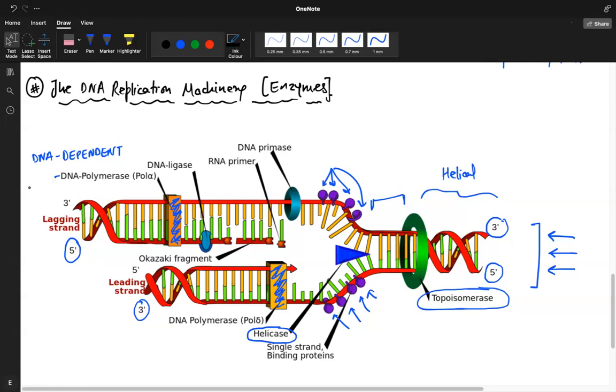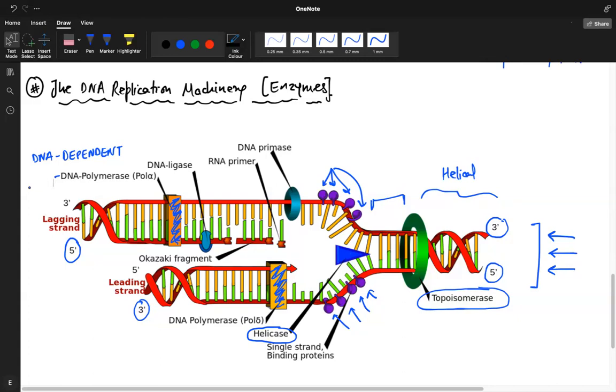DNA dependent DNA polymerase uses DNA as a template, one strand of DNA as a template, to catalyze the polymerization of deoxynucleotides or deoxyribonucleotides.